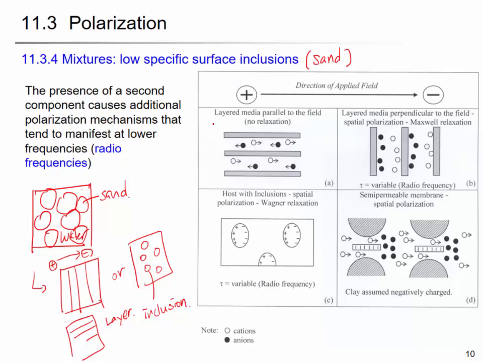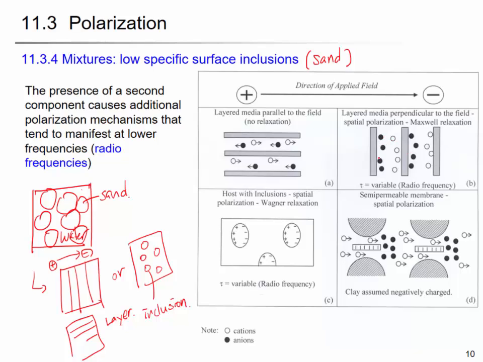So in case of layered media, if the layered media is parallel to the field, there is no relaxation. Right? So the water can be polarized freely, but the only difference is that you have a smaller area polarized. That's going to be proportional to the volume fraction of the water in the media. But in this case, the material is layered perpendicular to the electric field.